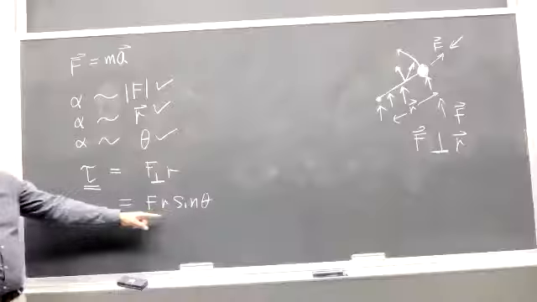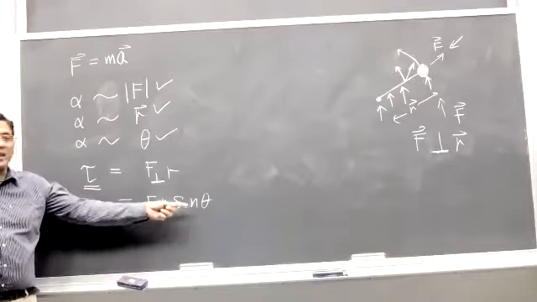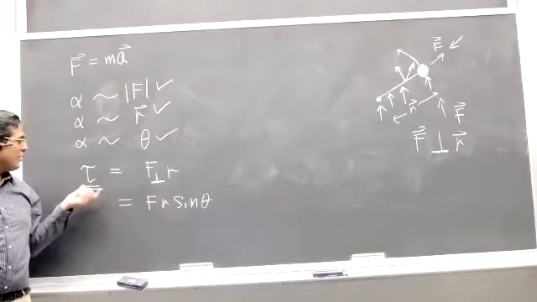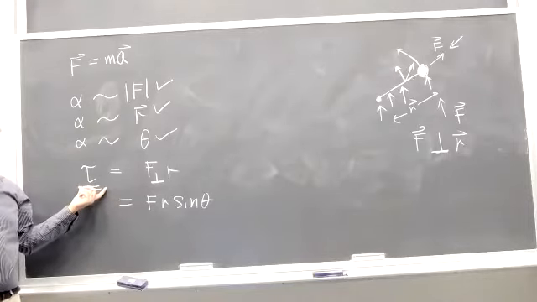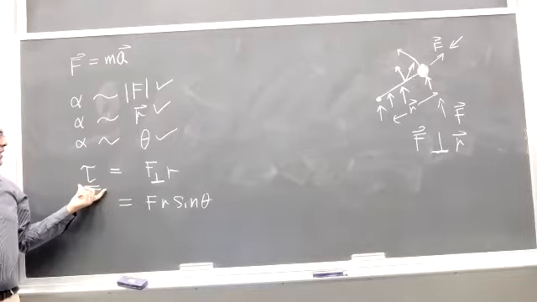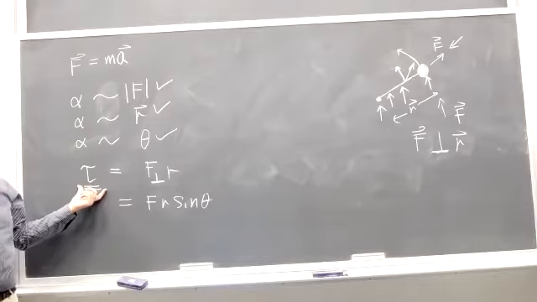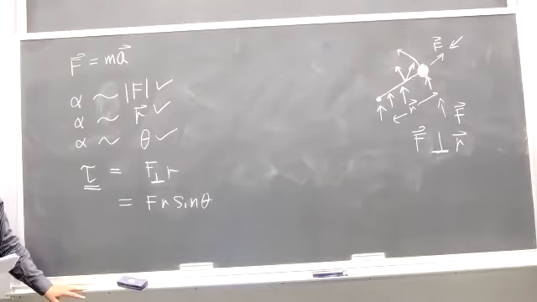Now you can check, when theta is 0, sine 0, this quantity is 0, which means, this being the counterpart of force, no rotational acceleration. So we are defining this new quantity.